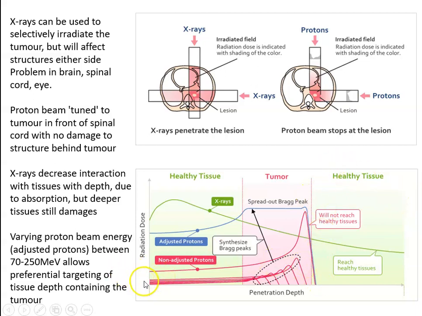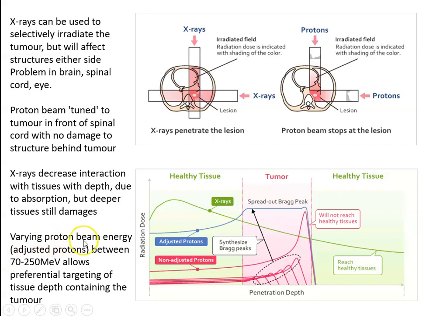So you fire in protons at lots of different energies so that only this region gets irradiated, this region never gets irradiated, and the healthy tissue in front of the tumour gets a lower dose of radiation than the tumour itself.